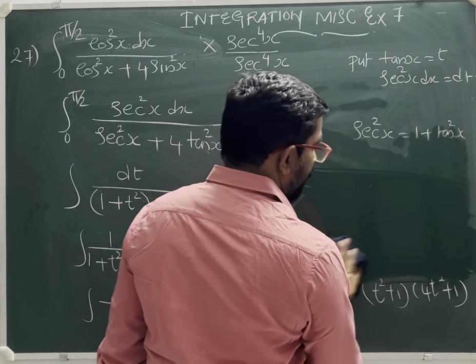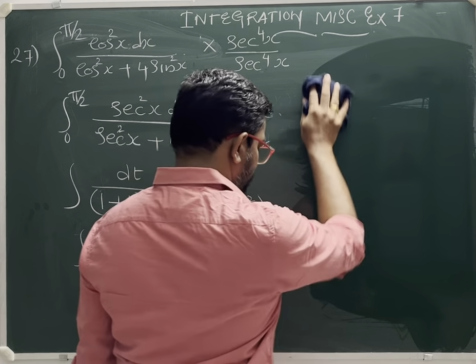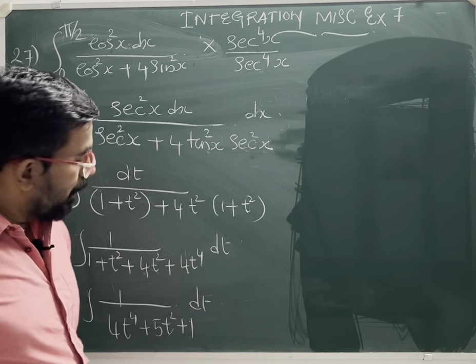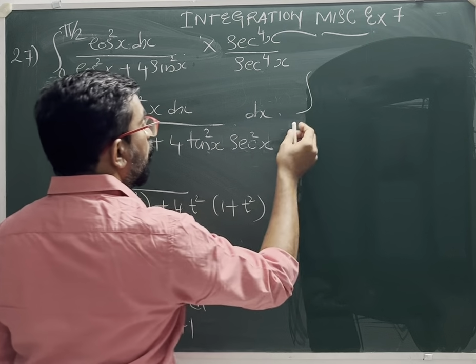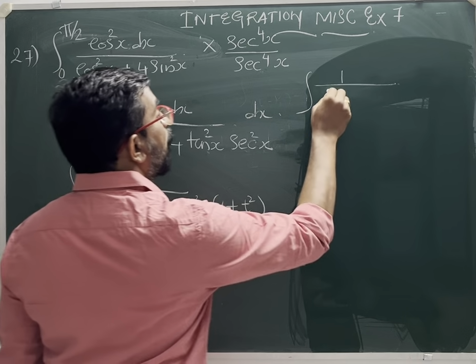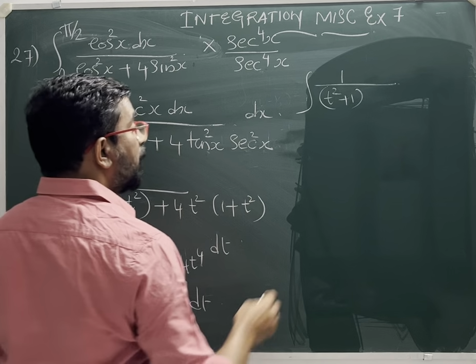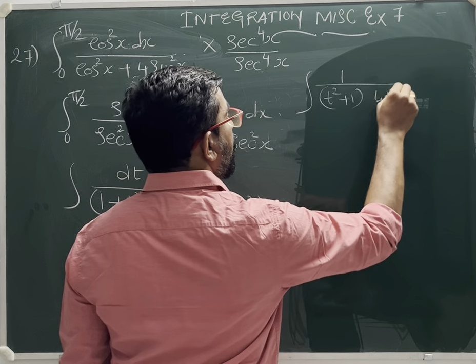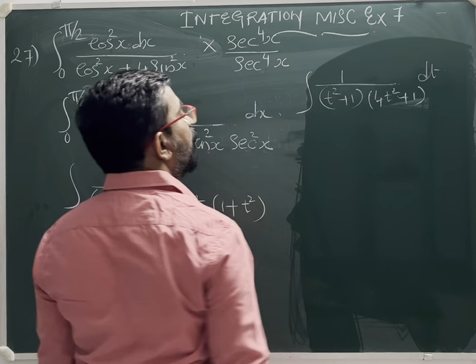Okay. We will apply the upper limit, and the lower limit will change. But for the time being, let us leave this aside. And we will write this as integral 1 by t square plus 1 and 4t square plus 1 dt. This is how we factorized.